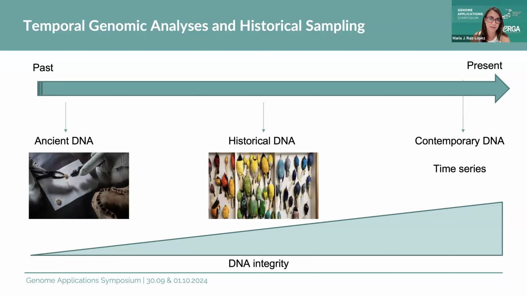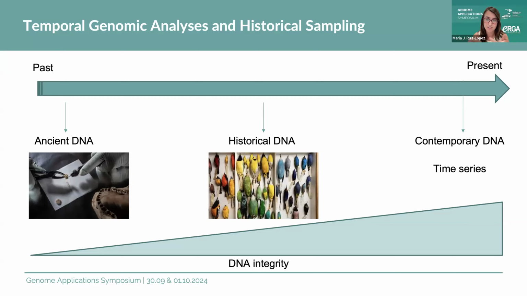Thanks to advancing technology, this can now expand thousands of years, from ancient DNA that's typically found in the records and fossils, to historical DNA, where the most clear example comes from museums, and contemporary DNA, which is the newer DNA, and we can compare it through time series.